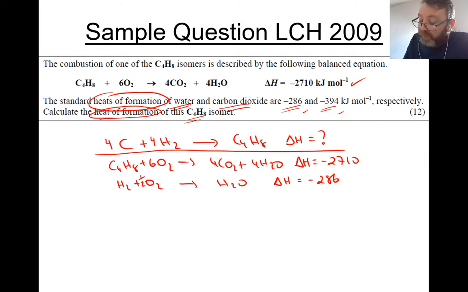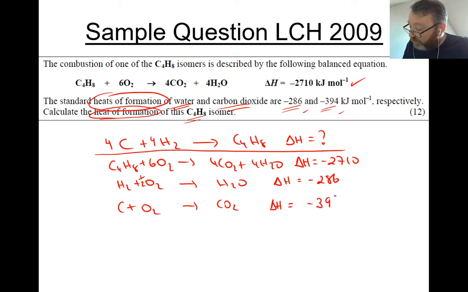And the third one, the heat of formation of carbon dioxide. It is the heat change that takes place when 1 mole of carbon dioxide is formed from its elements. Now, carbon dioxide is formed from carbon and from oxygen. So therefore, you write down the elements in their elemental form. Carbon is C, oxygen is O2, and there's no need to balance anything. And delta H for that reaction is minus 394.